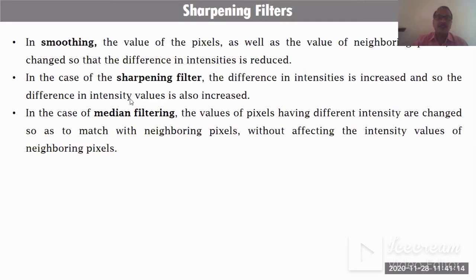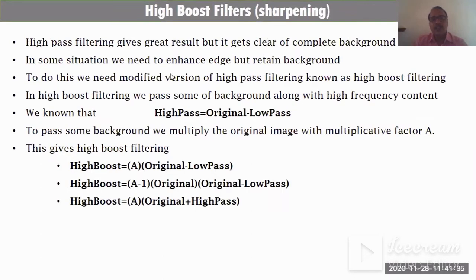In smoothing, the value is reduced, whereas in sharpening, the value is increased. In the case of the median filter, the value of a pixel having a different intensity is changed without affecting the intensity value of the neighboring pixels. So these are smoothing and sharpening.